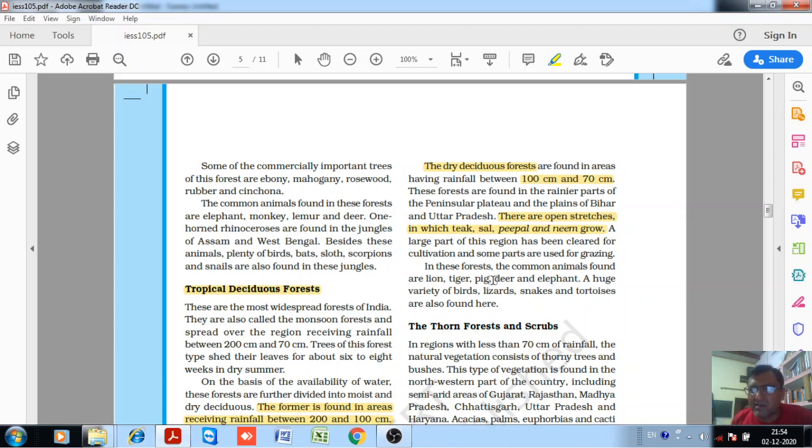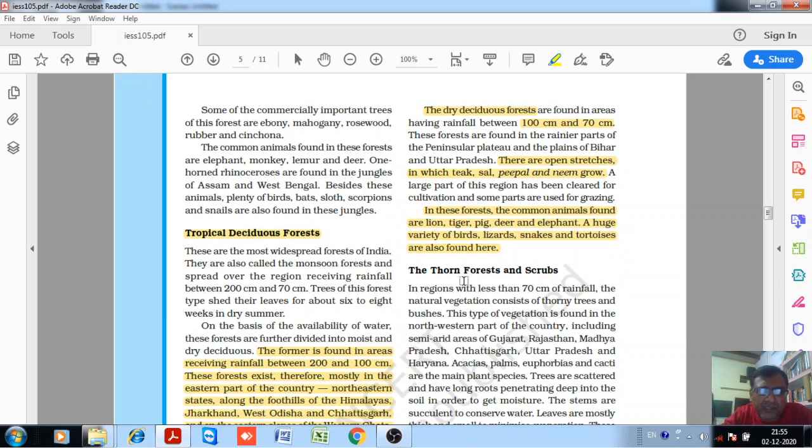Easily we can clear the forests and we can have the land for cultivation as well as for settlements. So in these forests, the common animals found: lion, tiger, pig, deer and elephants. A huge variety of birds, lizards, snakes and tortoises are also found here. So these are the plant life and animal life of the dry deciduous forests.